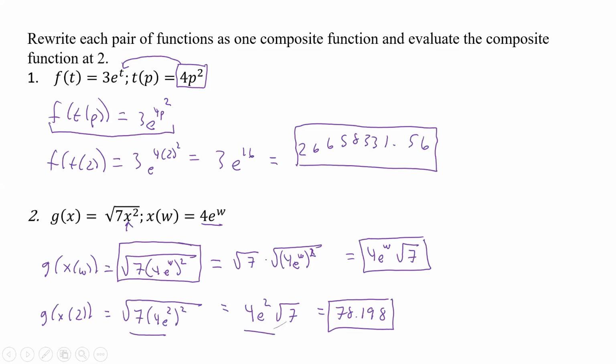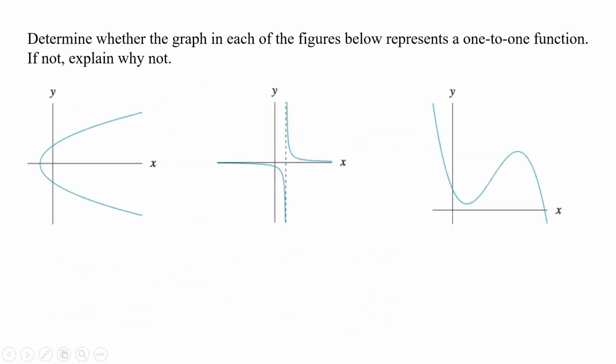All right. Here we're supposed to determine whether the graph in each of the figures below represents a one-to-one function. If not, explain why. Well, remember, when we're finding out if it's a function, that's our first goal. So we have to do the vertical line test. Here, if we do a vertical line test, that says it's not a function. So if it's not a function, it can't be one-to-one.